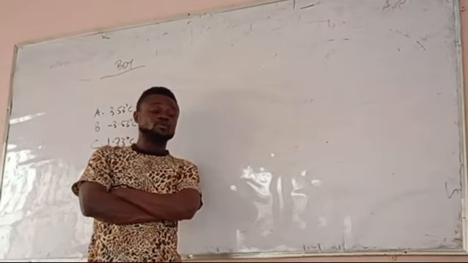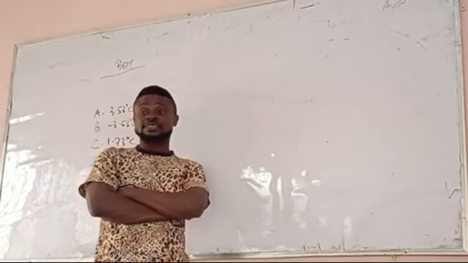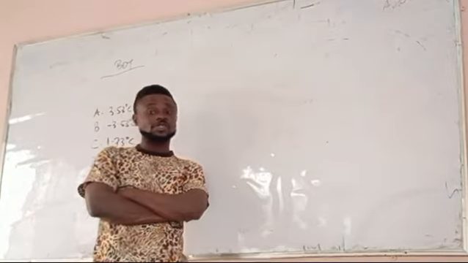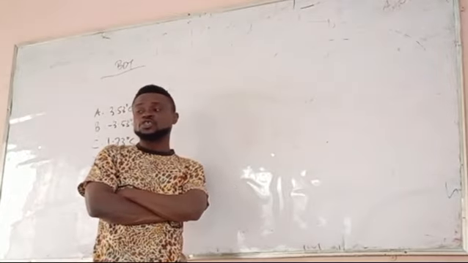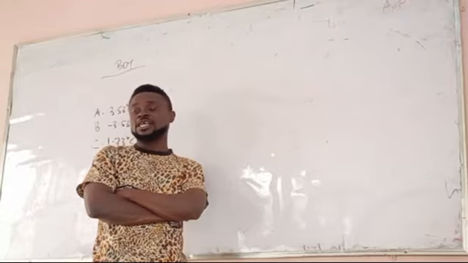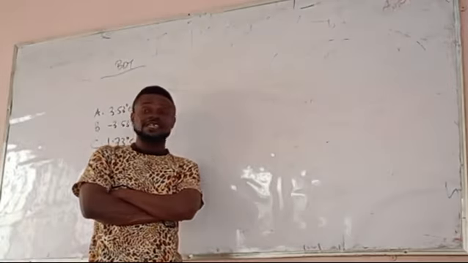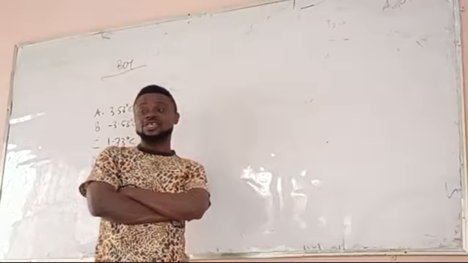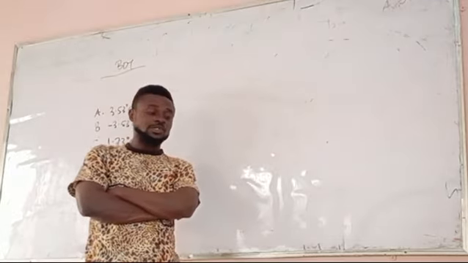So this simple question cuts across a lot of things. So I want us to listen carefully while we solve the question, because if you don't know the type of question they will bring out, that is, if they set a question on isotonic solutions. So please, listen carefully.